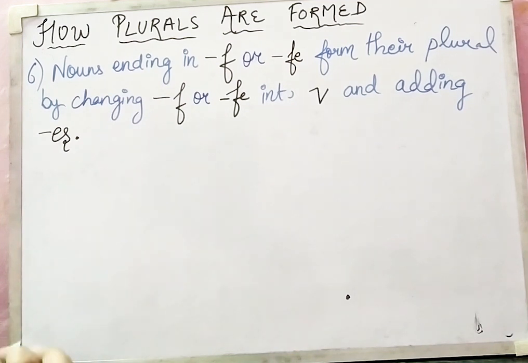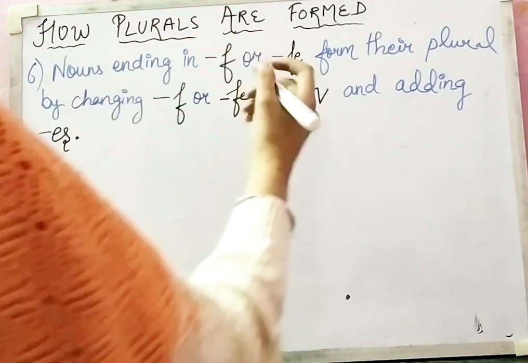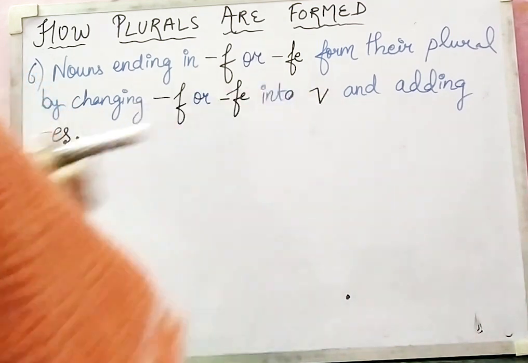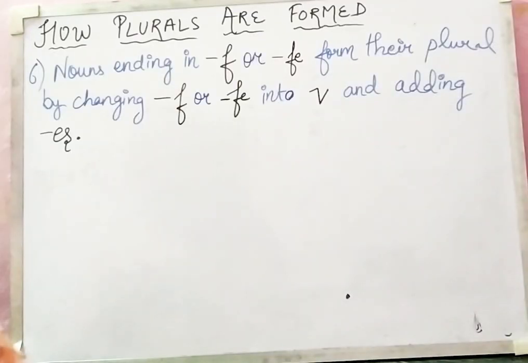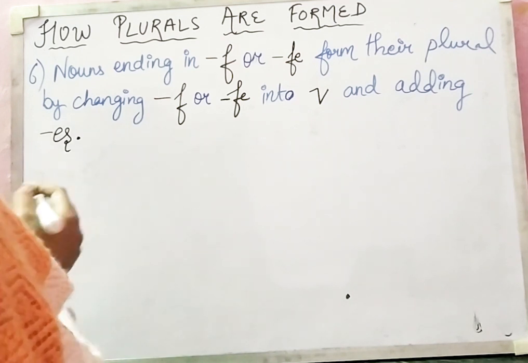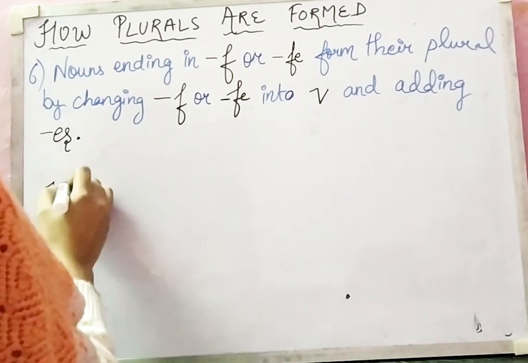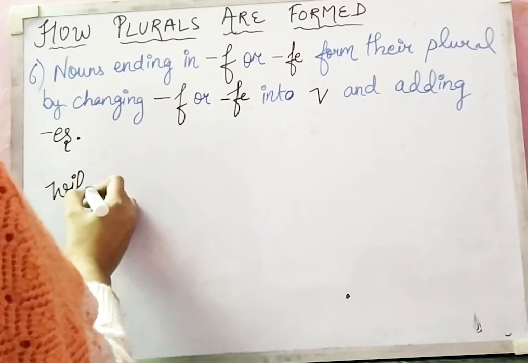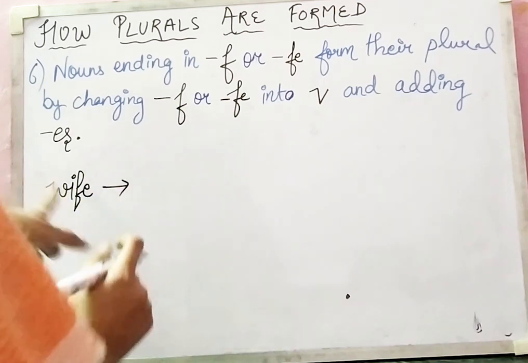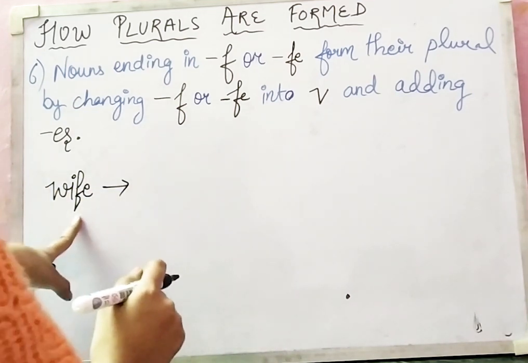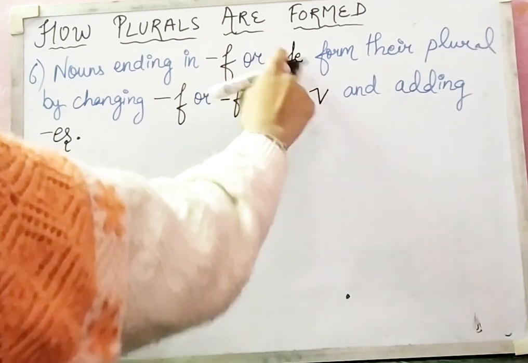So let me take one example of this only, like wife. You all know wife is a noun that ends with fe.